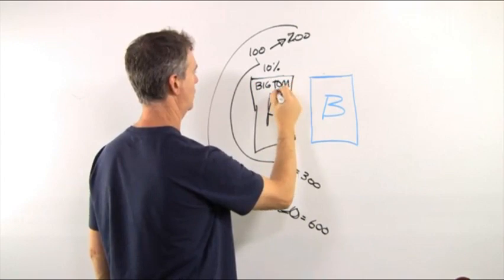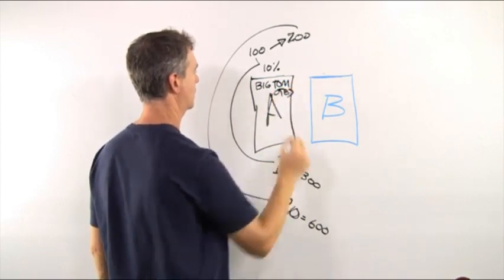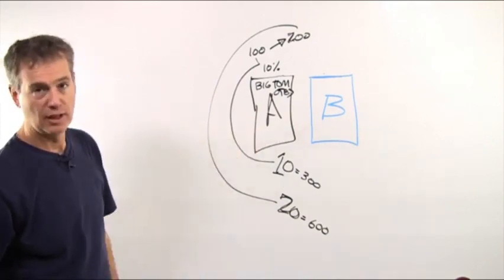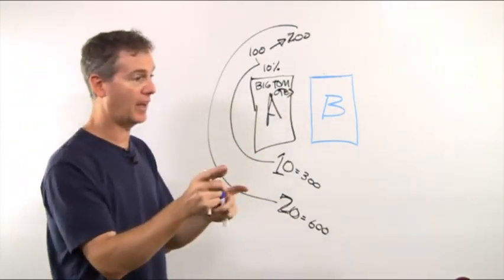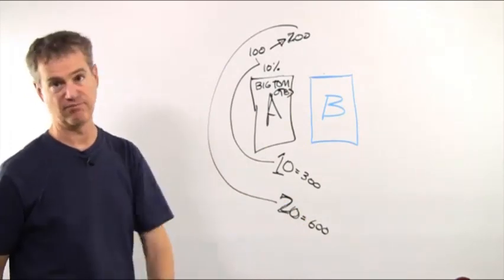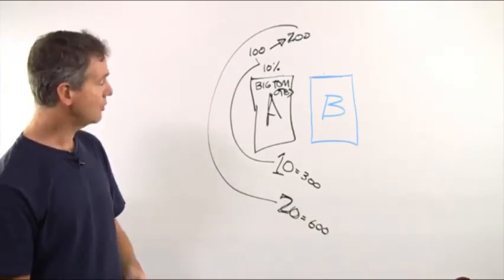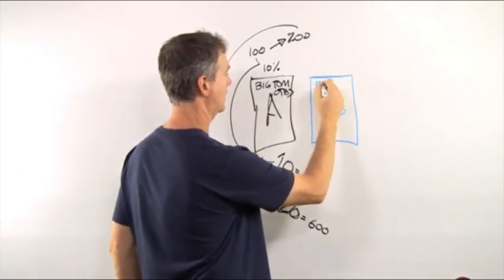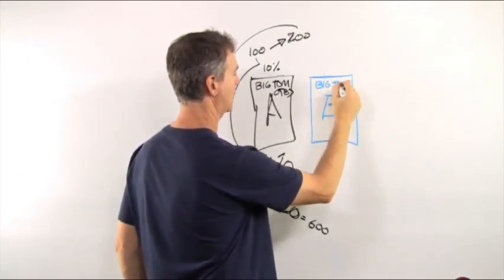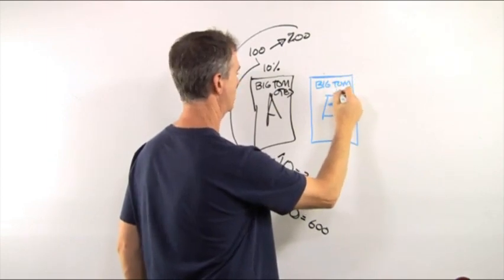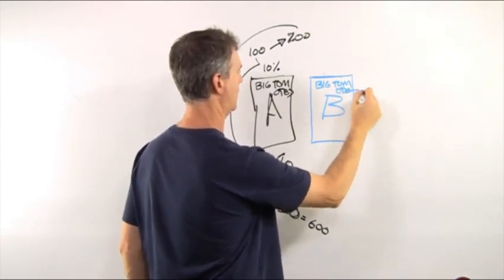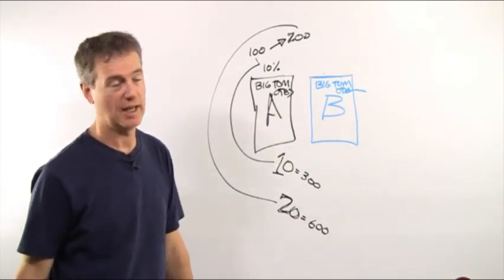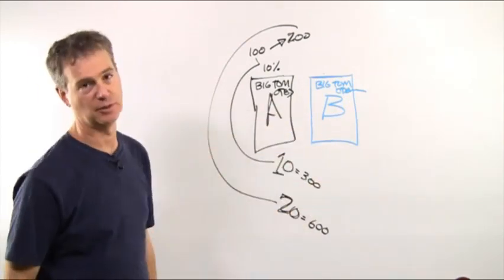You took this exact same page and just said file, save as, and saved it as file name B. Now it's the exact same page, but it says big tomatoes, and now it's in blue. All you did was change the color of your headline. And you tested this one versus this one.